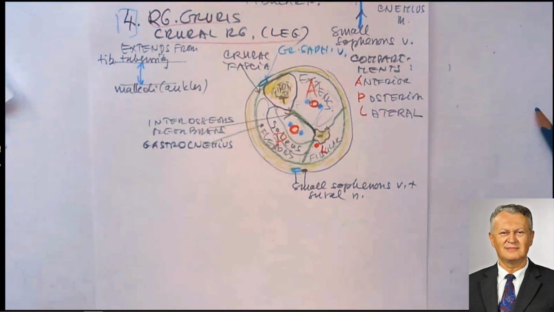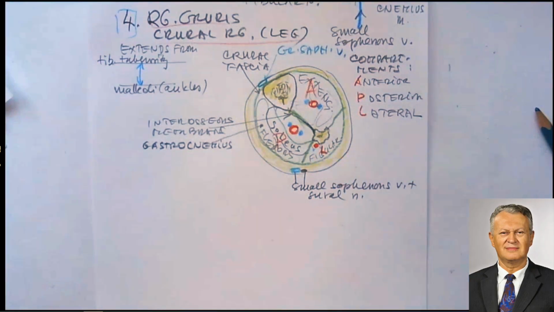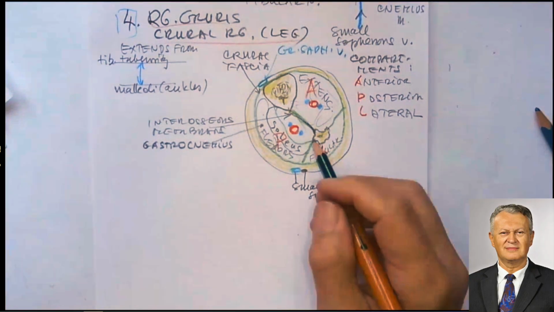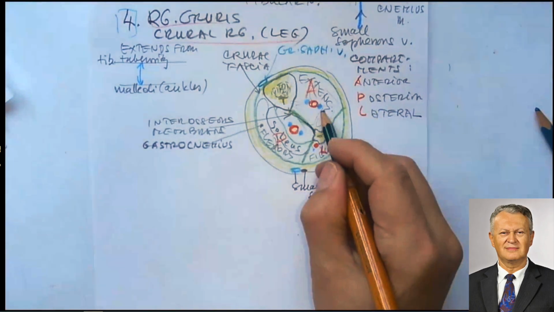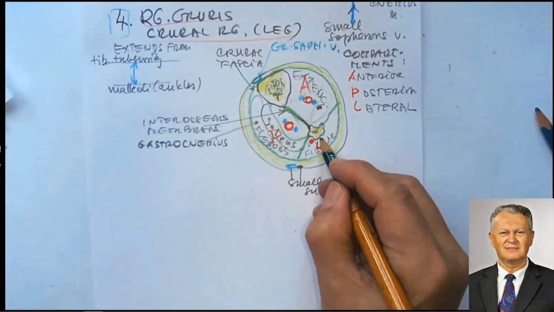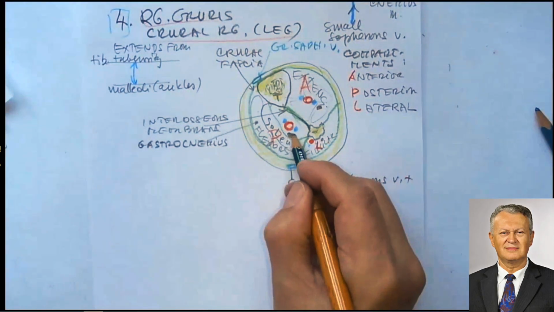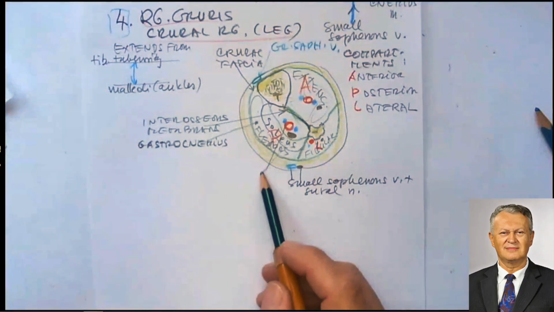Good. Concerning the neurovascular bundles found in all three compartments, anteriorly must be the deep fibular nerve. Here is the superficial fibular nerve, and here is the biggest nerve, the nervus tibialis.